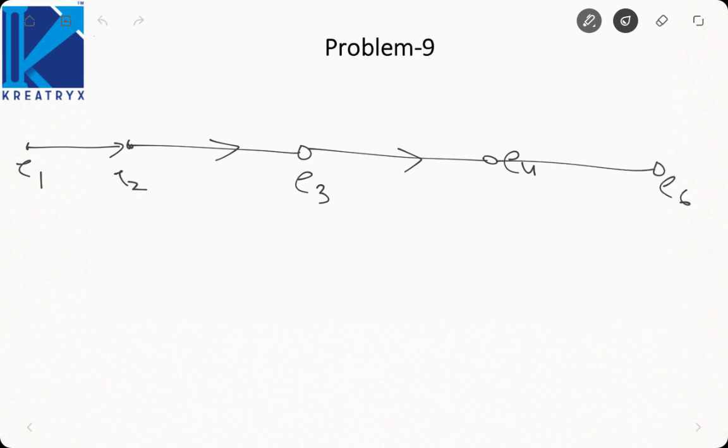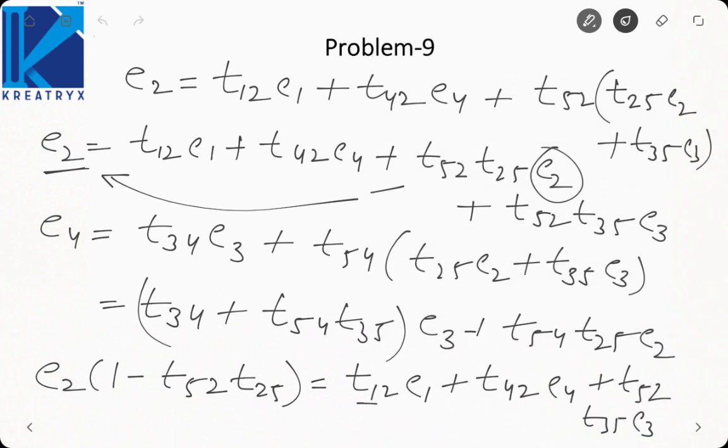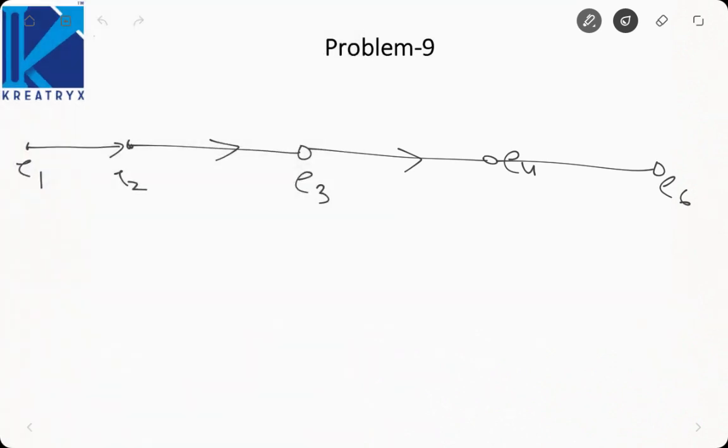Now E2 is basically T12 upon 1 minus T52 T25 times E1. So this gain would be T12 upon 1 minus T25 T52.